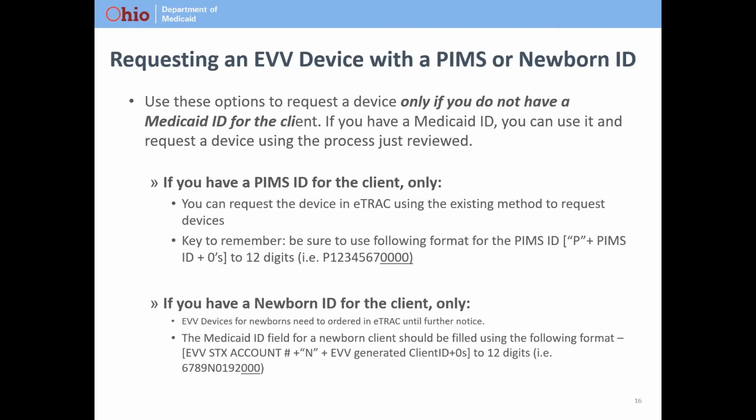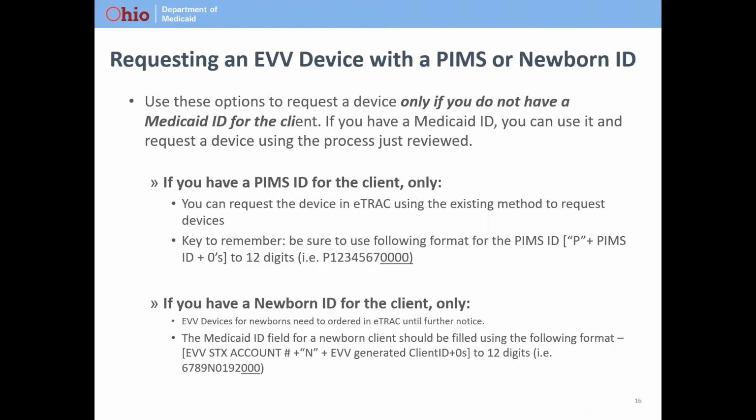So if you're a non-agency provider, for instance, this would be the 10086 number. Then you would put a capital N to indicate it's a newborn ID. Then your EVV generated client ID, and then zeros.